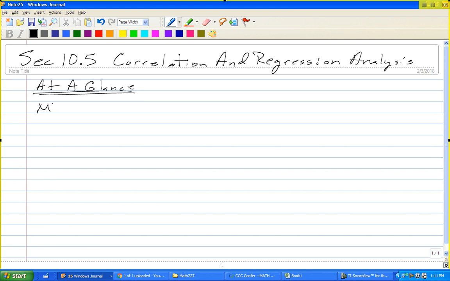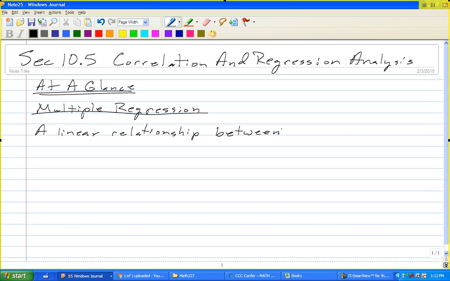But recall we had multiple regression. And so this will be a linear relationship between one dependent variable and multiple independent variables.